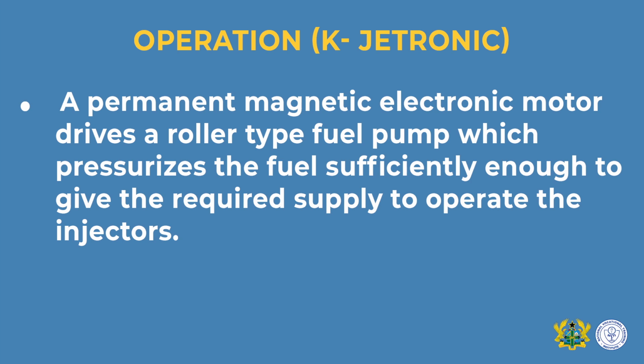In this arrangement, there is a permanent magnet electric motor which drives the roller type of fuel pump. And this pump pressurizes the fuel sufficiently to give the required quantity of fuel supply to the engine according to the speed and the load demands.